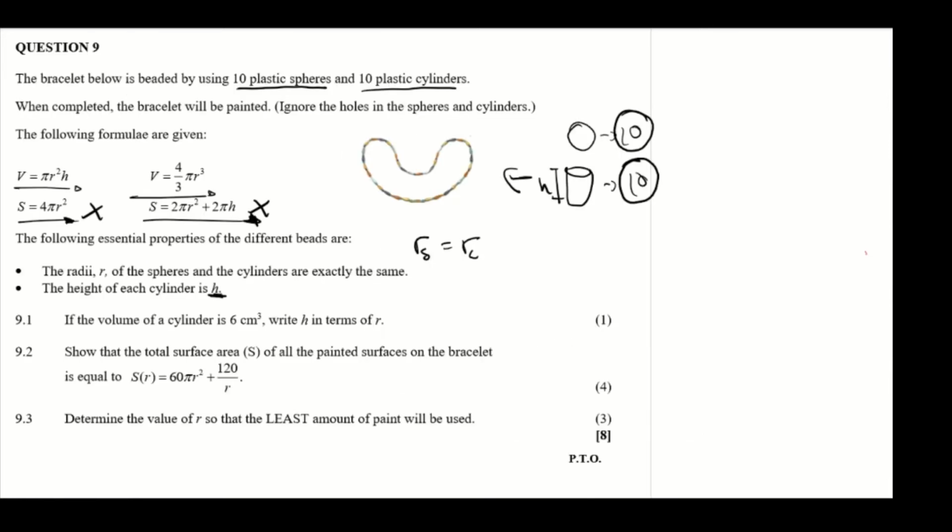9.2, we are told to show that the total surface area of all painted surfaces of the bracelet is equal to this expression here. So for us to show the required result, we need to add the entire surface area. So the surface area of a cylinder, we must add to the surface area of a sphere.